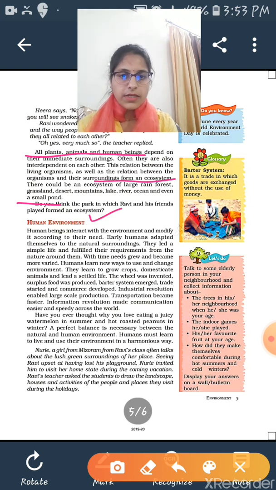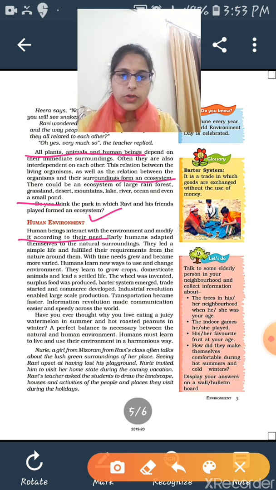Right now, the last and the most important component of environment: human environment. So human beings interact with the environment and modify it according to their need. Early humans adapted themselves to the natural surroundings and they led a simple life and fulfilled their requirements from the nature around them. With time, needs grew and became more varied.